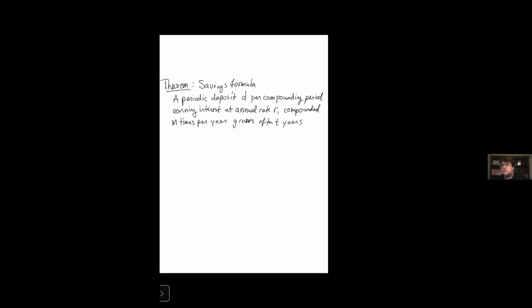So this formula is going to be in terms of an annual rate. You could make the adjustment for the periodic rate. Grows after T years to A.